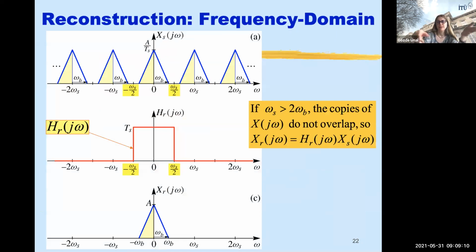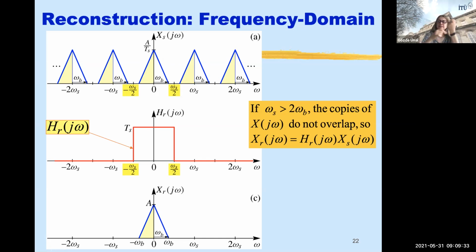In the frequency domain, ideal reconstruction was really multiplying this sampled spectra at the top by a low-pass filter frequency spectrum. Just multiply them. We get rid of all the extra copies. These were all cleaned. We are left with the center spectrum, which is the original spectrum.